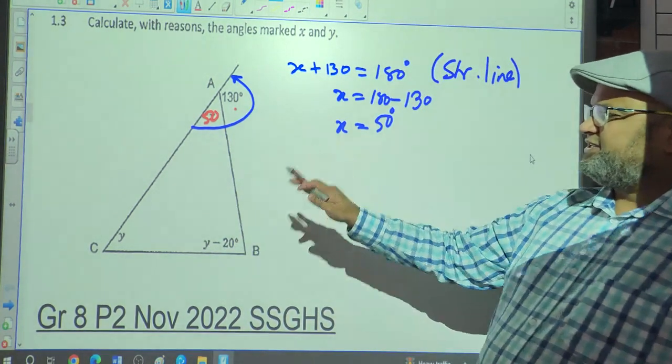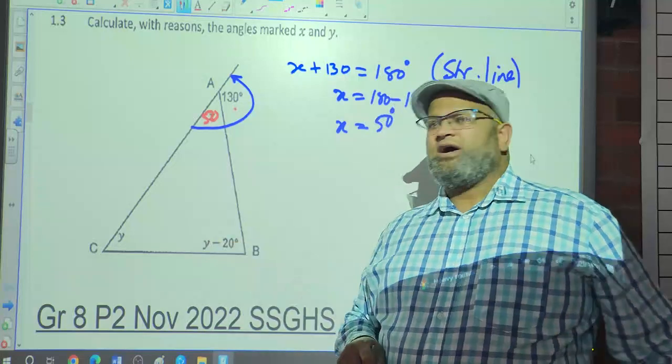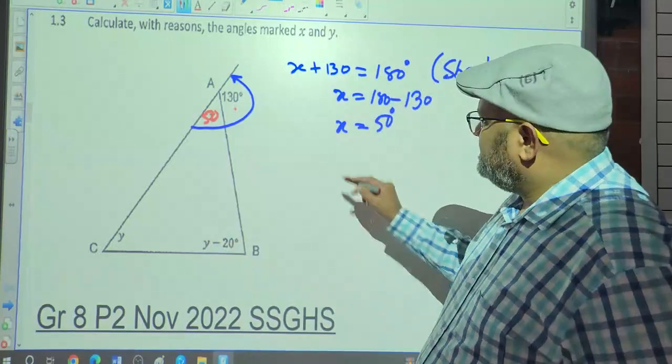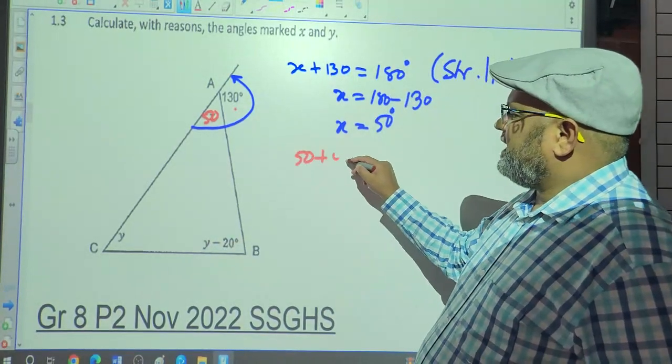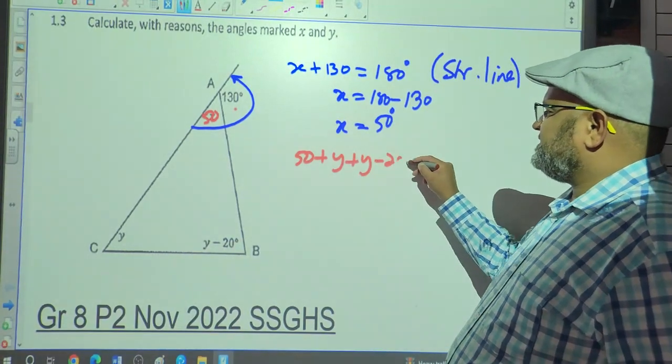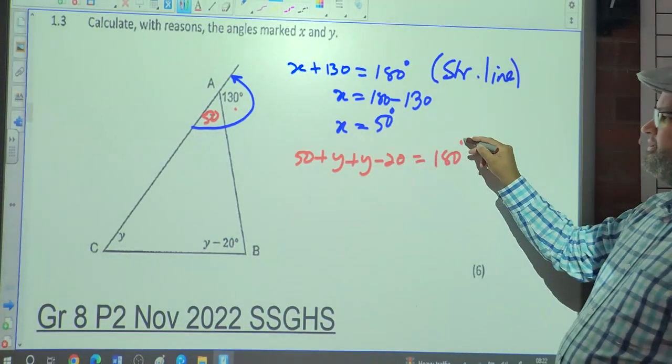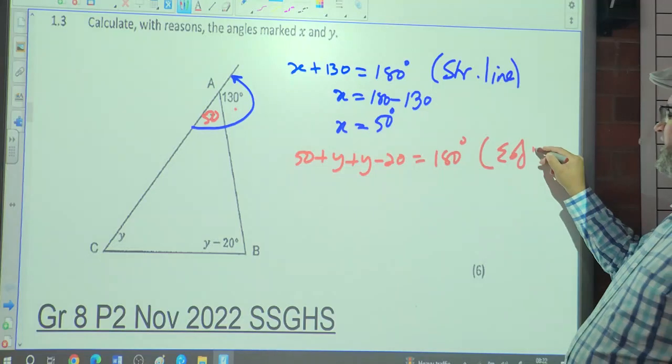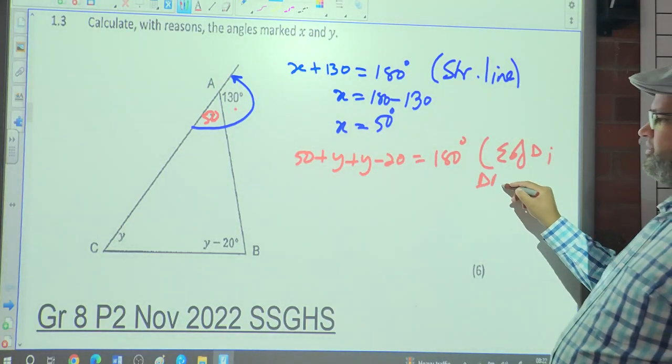130 is equal to x plus y minus 20. So you're going to say 50 plus y minus 20 is equal to 180, sum of angles in a triangle, this triangle ABC.